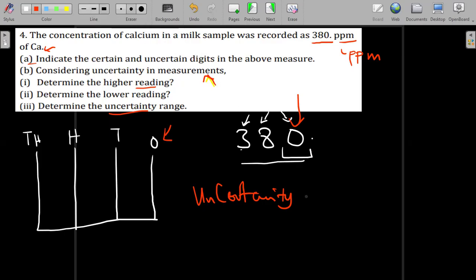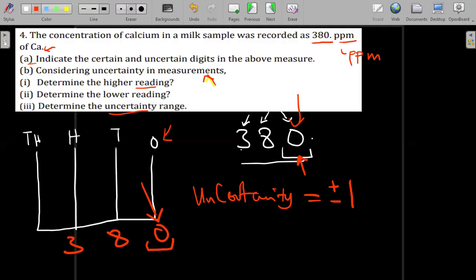So the uncertainty, you are going to find it by saying plus or minus, and then just getting the part where the uncertain digit is. The uncertain digit is in the ones, from this abacus we can see, right? So we have 0, 8, and then 3. So this uncertain digit is in the ones, so the uncertainty is just plus or minus 1.